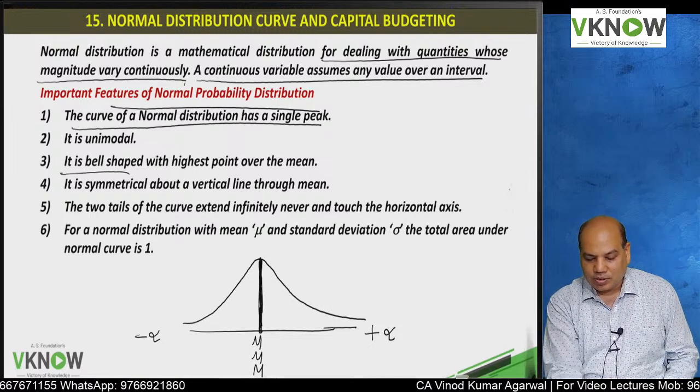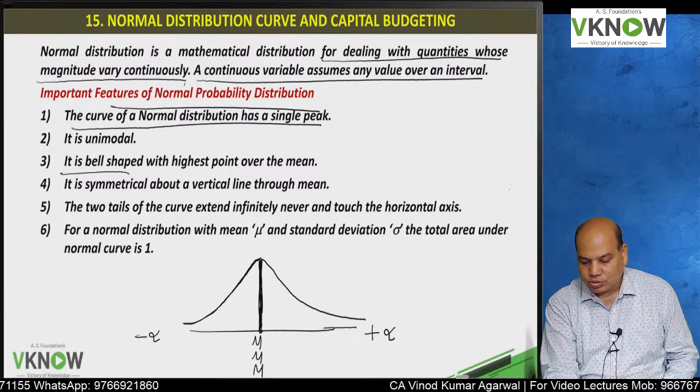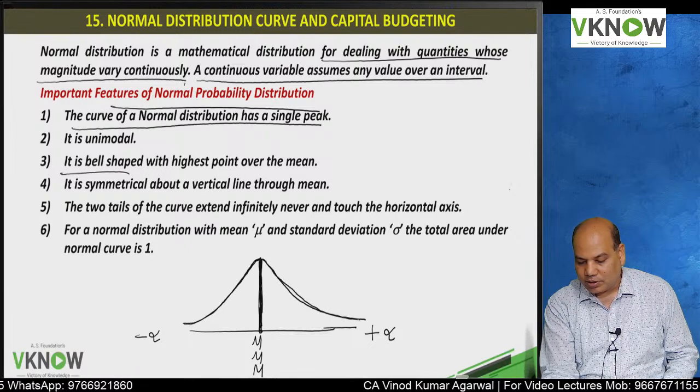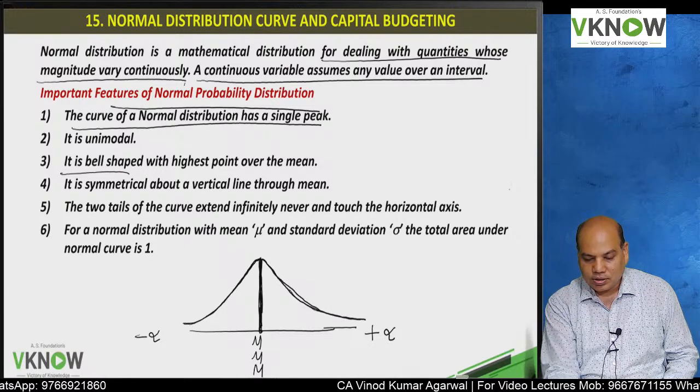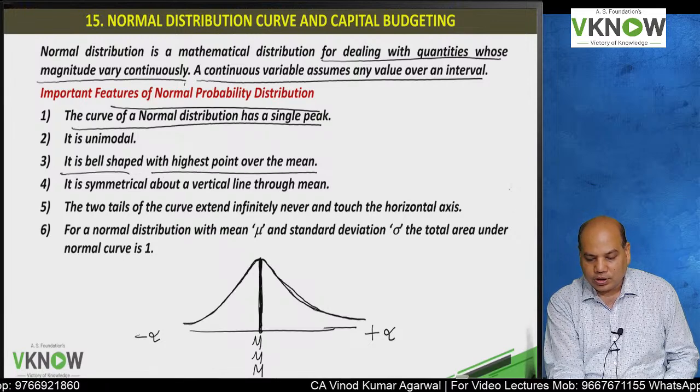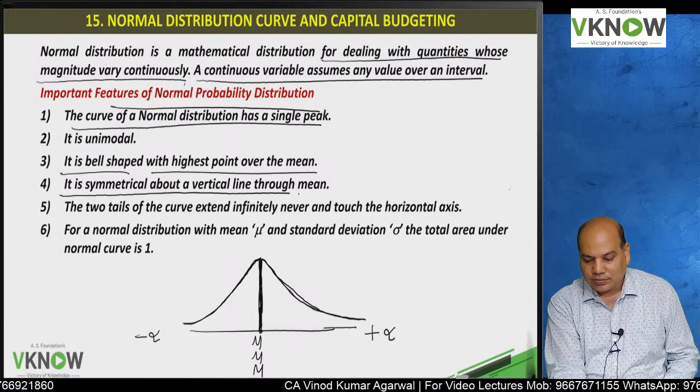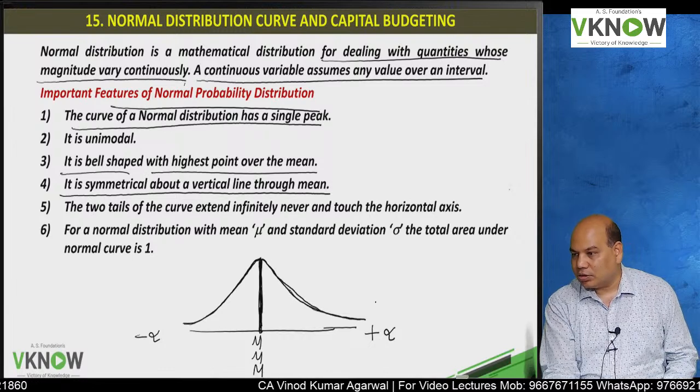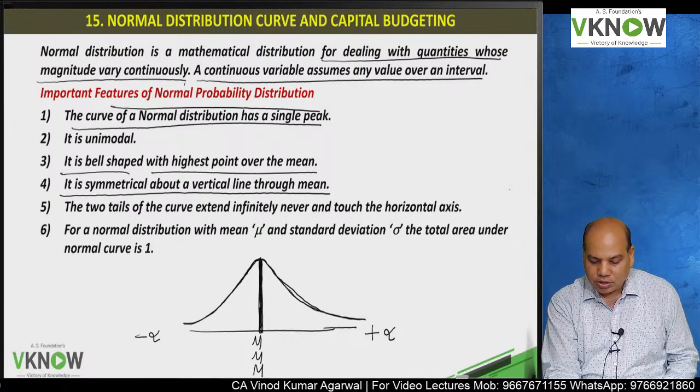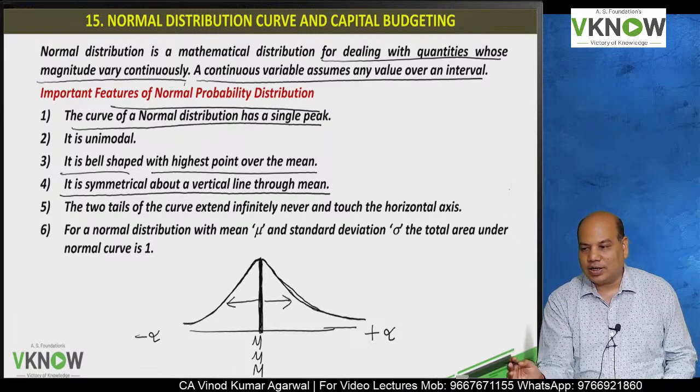It is bell shaped. Can you see the shape? If you go to some temple, you will find bell shape. Bell is like this and it has the highest point over the mean. It is symmetrical about a vertical line through the mean. Symmetrical means the left side and the right side are exactly identical.